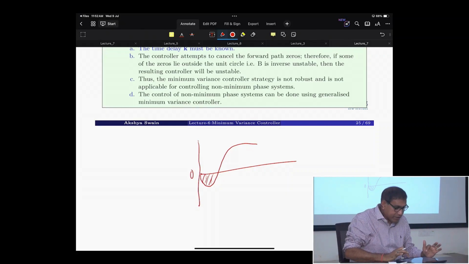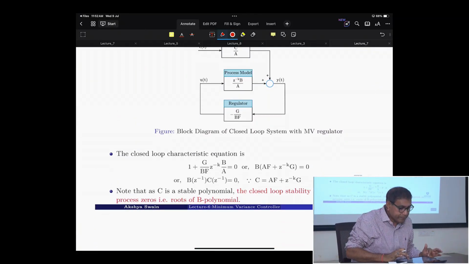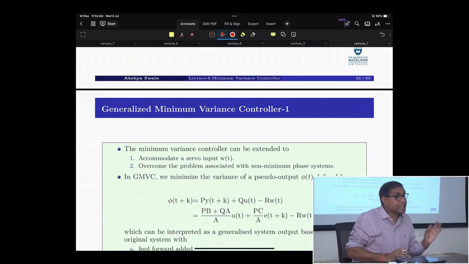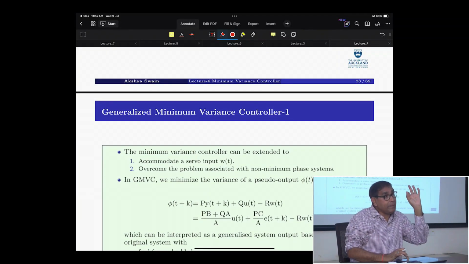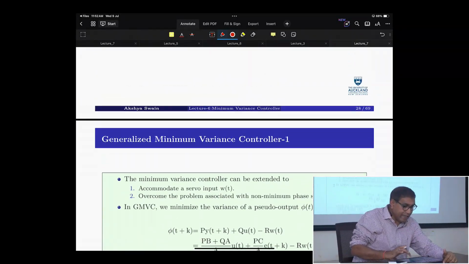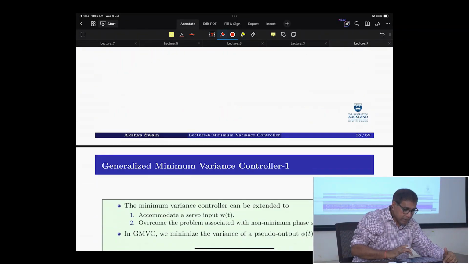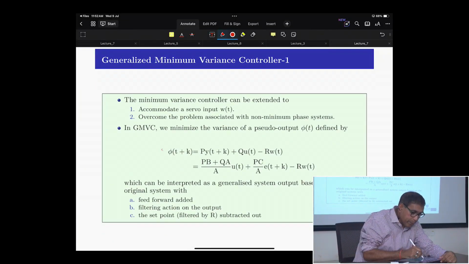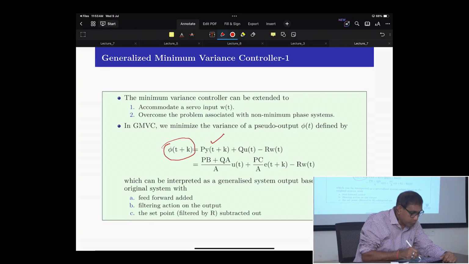I'm just giving the concept. Instead of minimizing the variance of the output, they try to minimize the variance of a function phi(t+k), not of y(t+k), which is a function of output, input, and the set point.